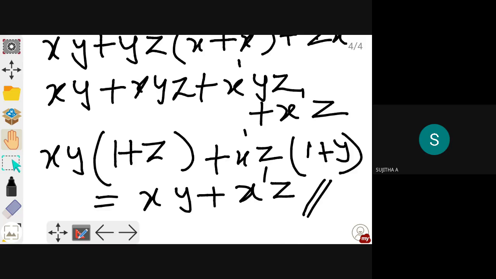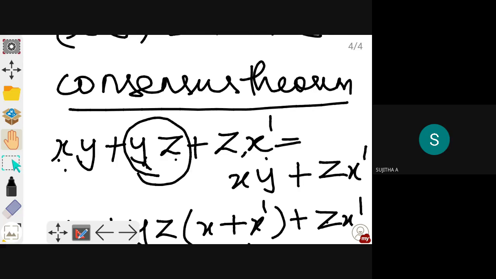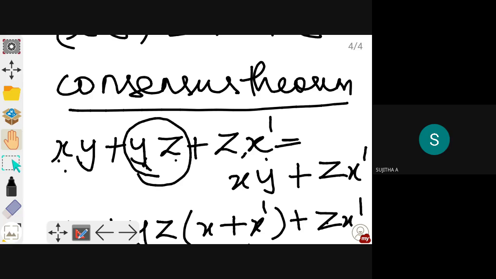So the consensus theorem states that xy plus yz plus zx dash is equal to xy plus zx dash, if you have yz in this term and z in this term, and you have x and x bar, then you can leave out the second term. They may ask you to prove this for 2 marks, state and prove the consensus theorem.